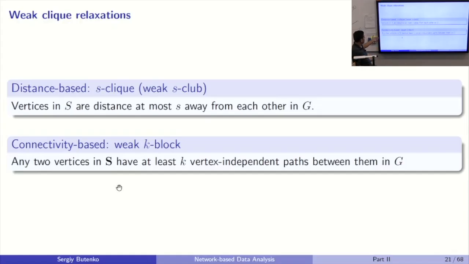So then you can define explicitly a weak K-block based on this characterization through paths as a subset of vertices such that any two of them have at least K vertex independent paths between them, not in the induced subgraph as implied by K-block, but in the original graph. So these paths can use vertices from outside.